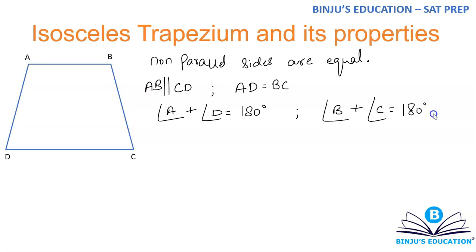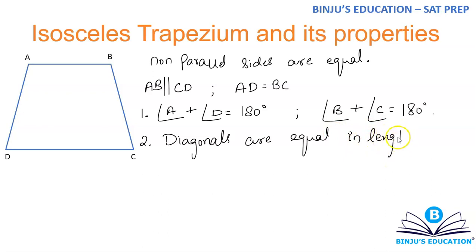Apart from this, in this case, diagonals are equal. Diagonals are equal in length. In case of an isosceles trapezium, diagonals are equal. Now please mind this, diagonals do not bisect each other.